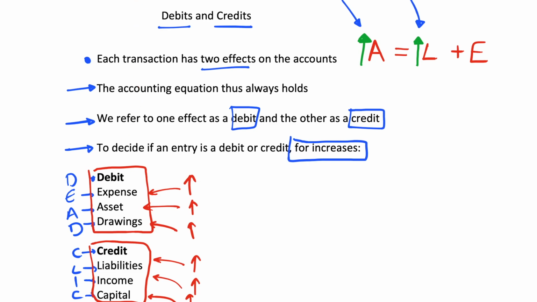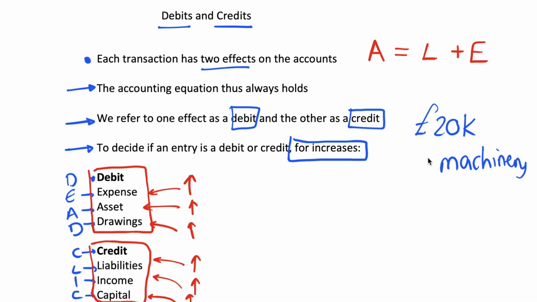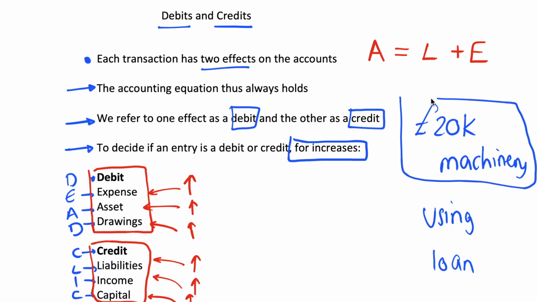So if we went back to the example that we've been using in previous videos, which I've briefly touched on in the top right corner here, we said that if a business was going to buy machinery, and I think we said in the previous video that they were going to buy £20,000 of machinery, and let's say that they are using a bank loan. So this purchase of £20,000 of machinery is obviously going to increase their assets.